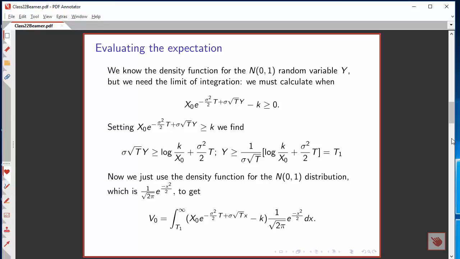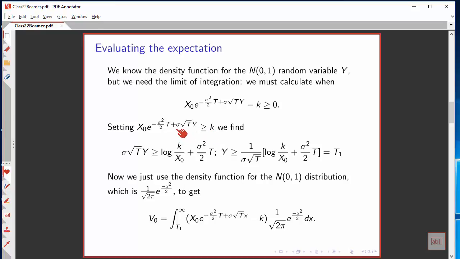This is elementary algebra. I set the evolved share price, which is here, equal to the strike price. I insist that that be greater than or equal to 0. In other words, the share price has to be greater than or equal to the strike price.